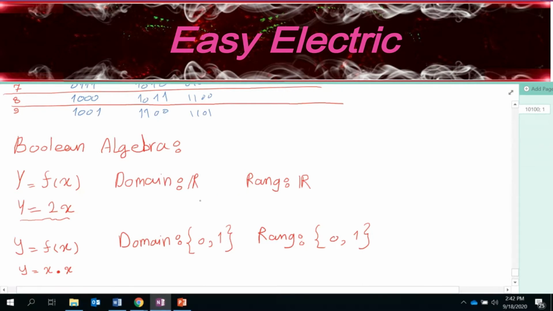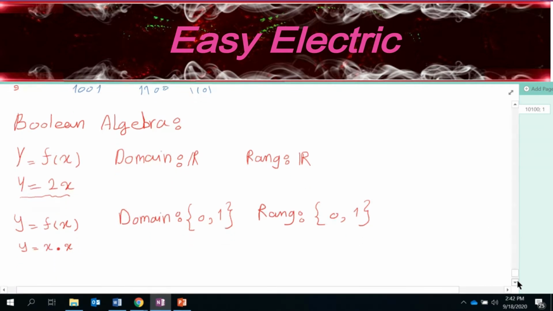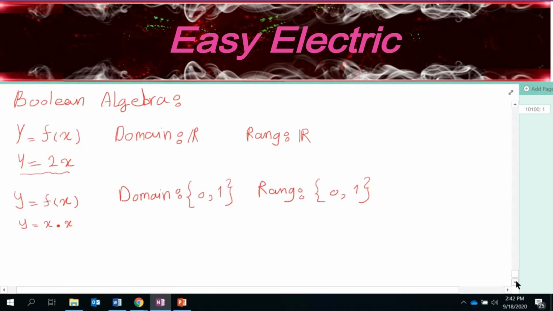This is unlike the normal algebra that you learned, where usually you could get R, or N natural numbers, or real numbers for your domain and range. So we keep this in mind and go on to review the Boolean algebra postulates.